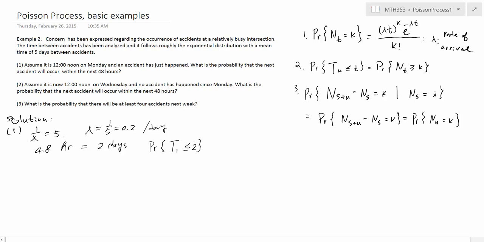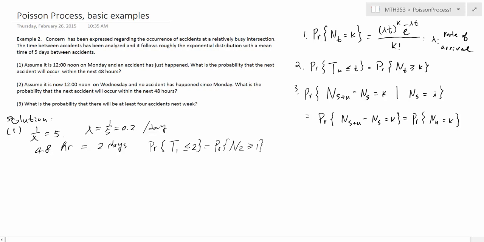Now, because of the duality, we know this is the same thing as saying the probability that in the next 2 days, N2 is going to be bigger than or equal to 1.